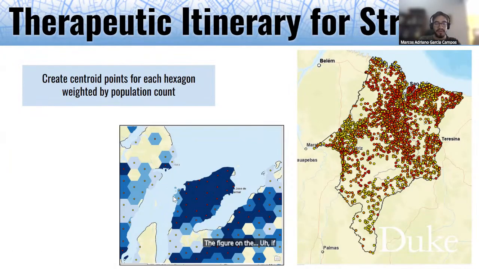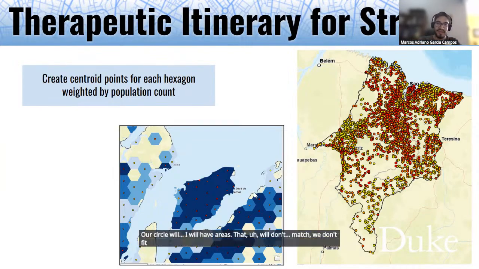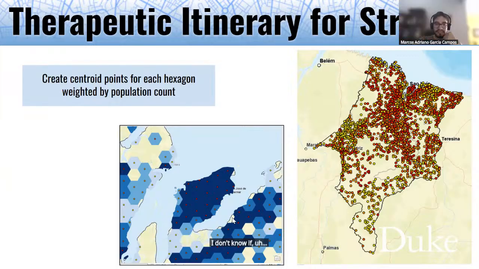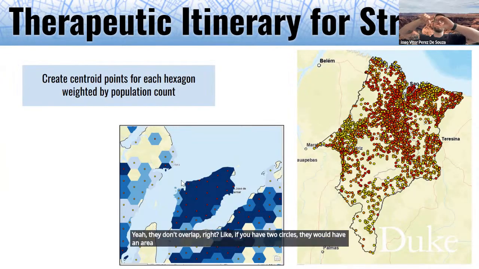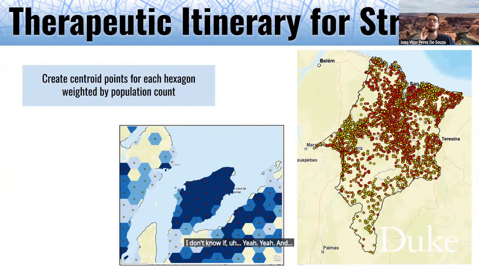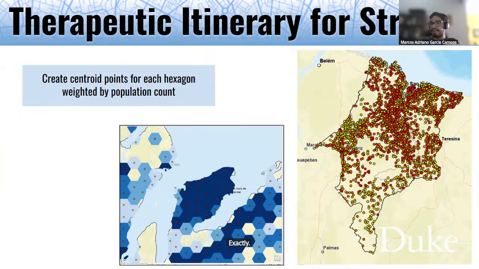If, for example, I used a square or circle, I would have areas that would not match, that don't fit the area specifically. Like if you have two circles, they would have an area that is not covered by the population. Exactly.